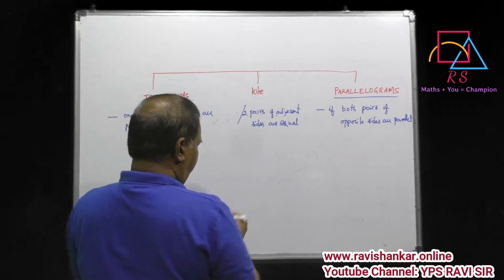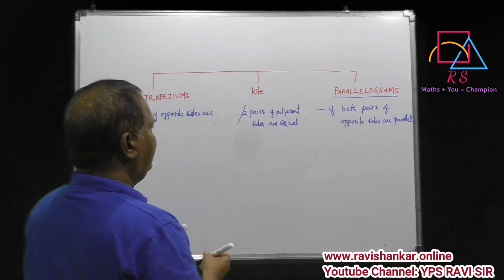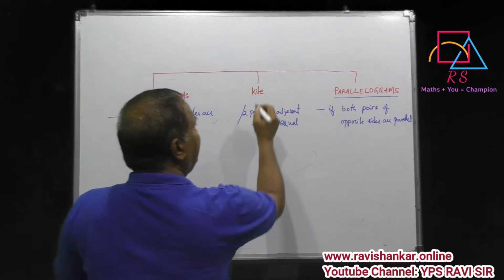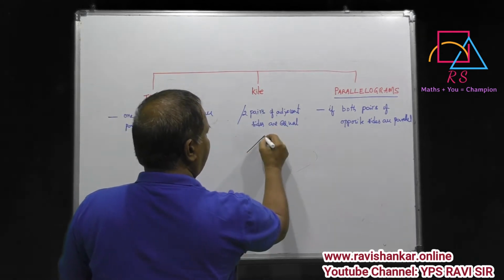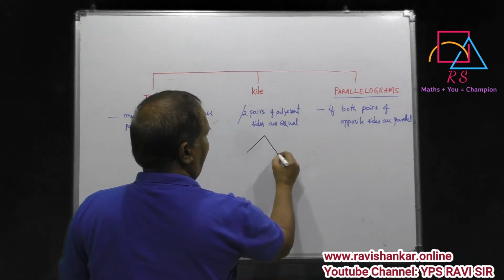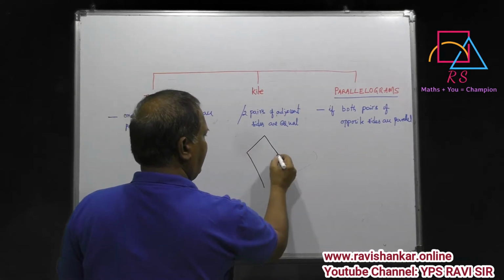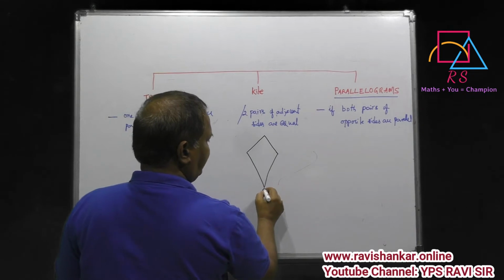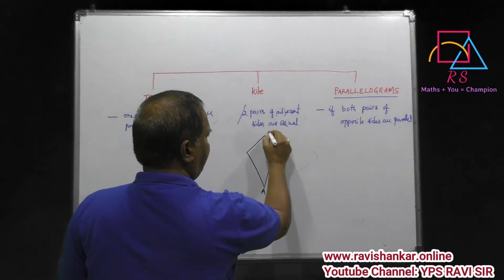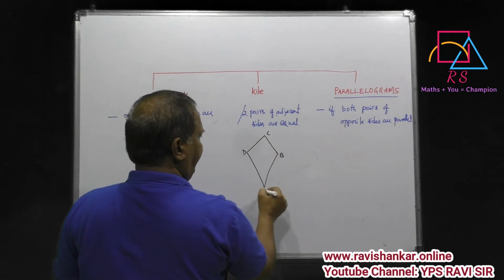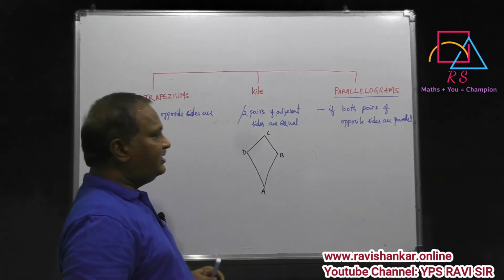For example, let me draw a quadrilateral, a kite. Let us say these two are adjacent sides, and these two are adjacent sides. If I start from A, B, C, D, then ABCD is a quadrilateral.